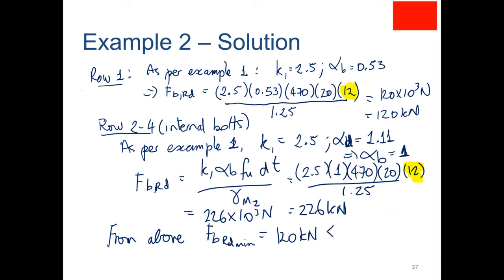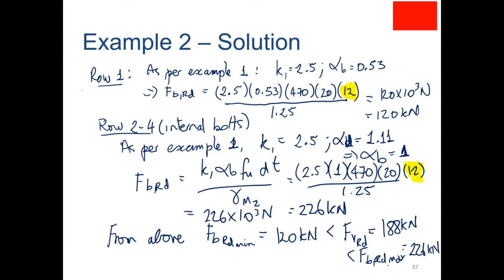That's less than the shear resistance of the bolts, because it's double shear, which is 188 kilonewtons. But that 188 is less than the bearing resistance of the internal bolts, which is 226 kilonewtons.